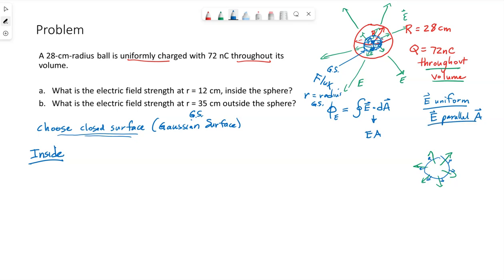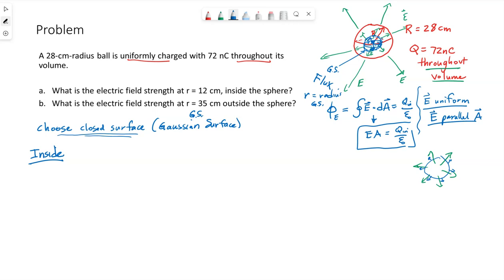And so we are meeting this condition that the electric field is parallel to the area vectors. We know also that Gauss's law tells us that the electric flux can be calculated by knowing how much charge is within that surface divided by our constant epsilon naught. This is the relationship we're going to use to solve for the electric field.